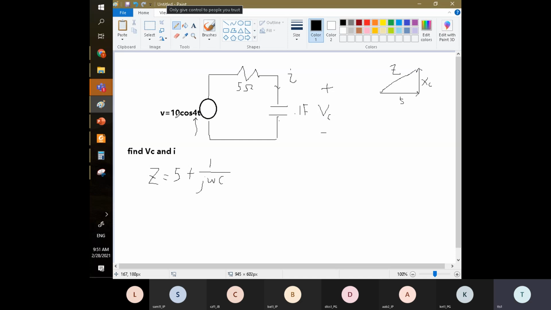This is the magnitude and cosine omega T, where omega is 4. So Z equals phi plus 1 over J times 4 times 0.1. Okay? The answer: the reciprocal of J becomes negative, so phi minus J 2.5.